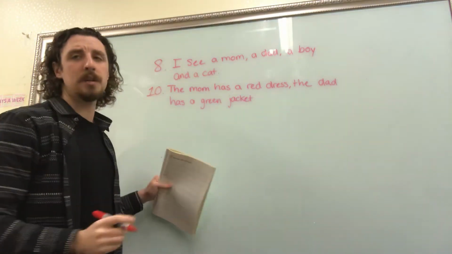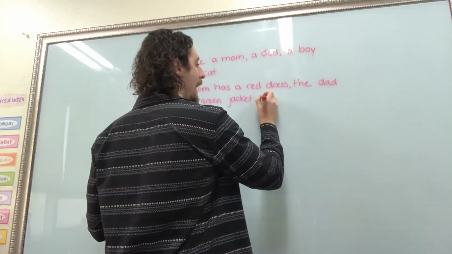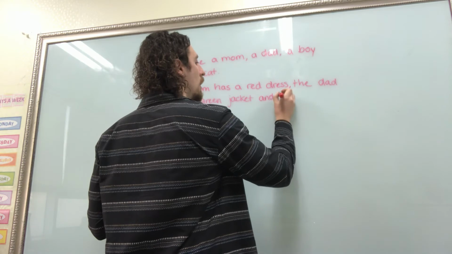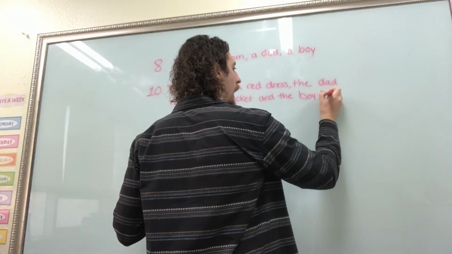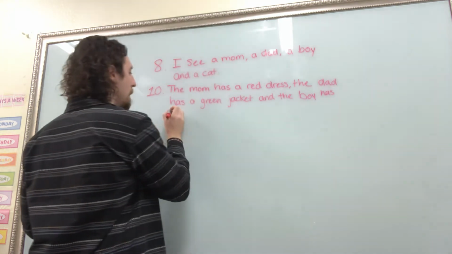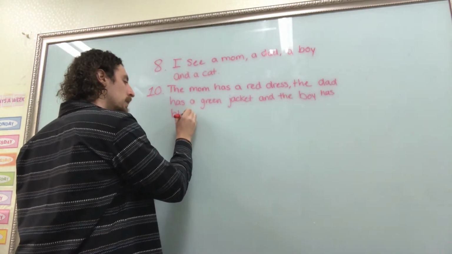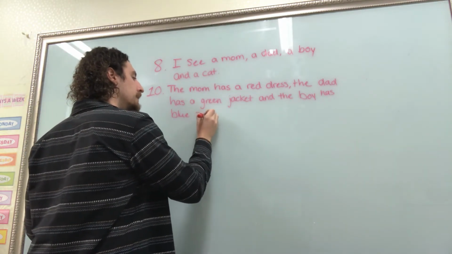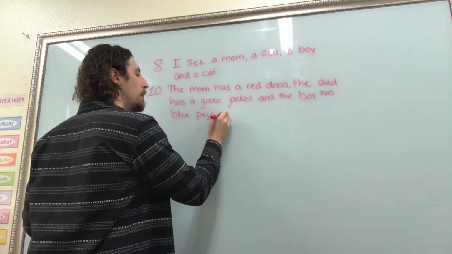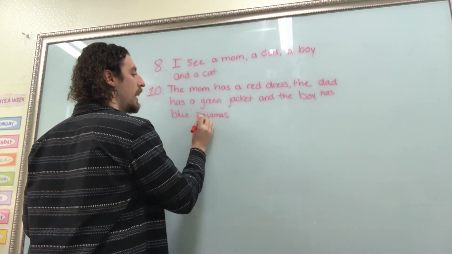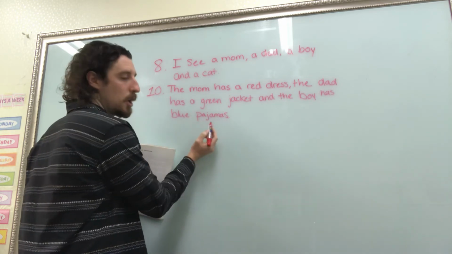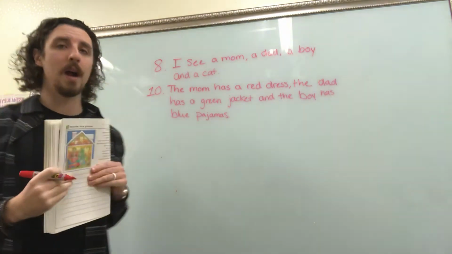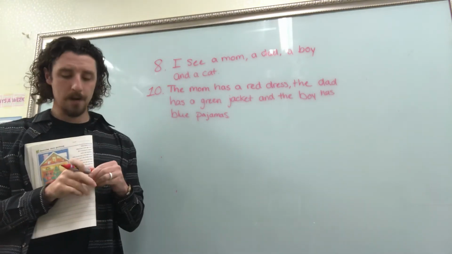We're coming to the end of the list. What word do we use? And the boy has blue pajamas. Now, pajamas, P-A-J-A-M-A-S, pajamas are what you wear to sleep, okay?